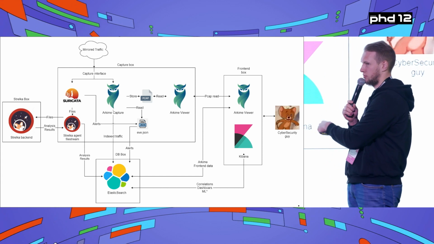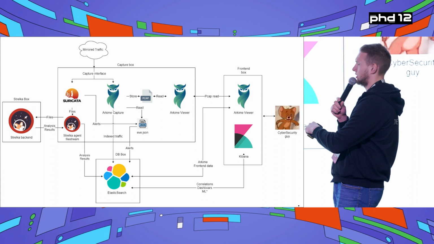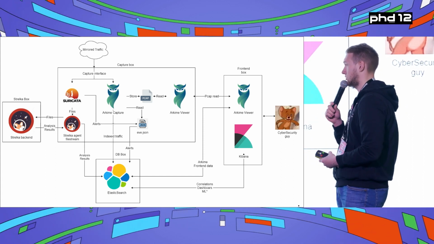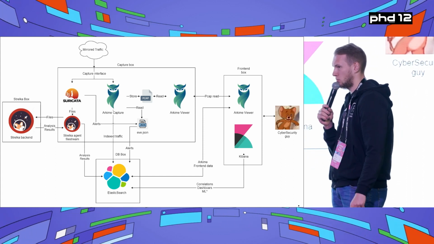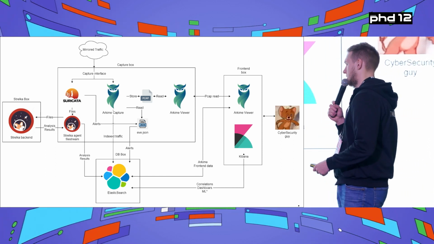In our installation, we have Elastic, we have Kibana there, and you can build any logic you want. Talking about indexed traffic, Archimate can also give you the NetFlow, and SIEM can get it.